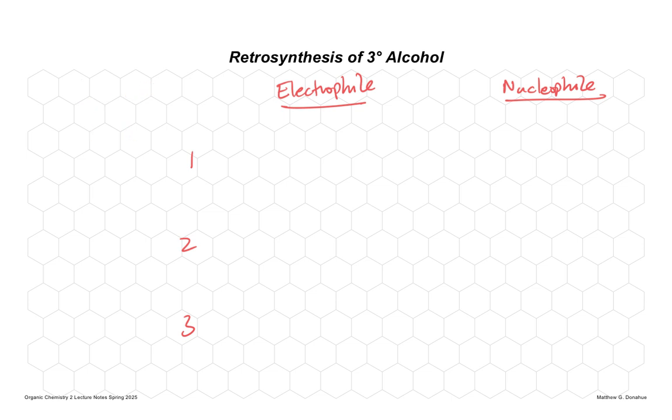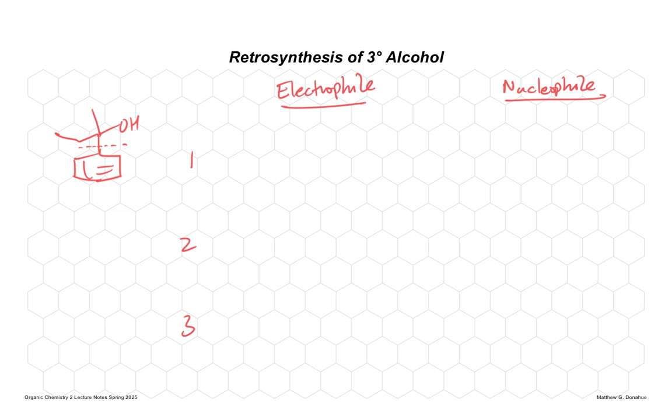Just thought of a better way to show this. So in the first one, say we want to look at that disconnection. So the electrophile should have what functional group in it? Huh? Ketone.